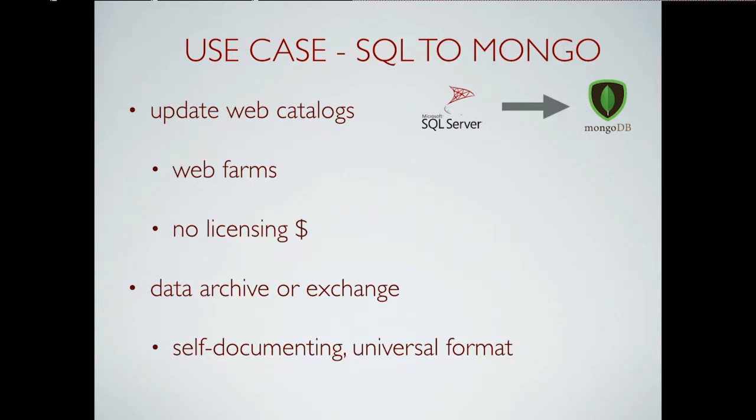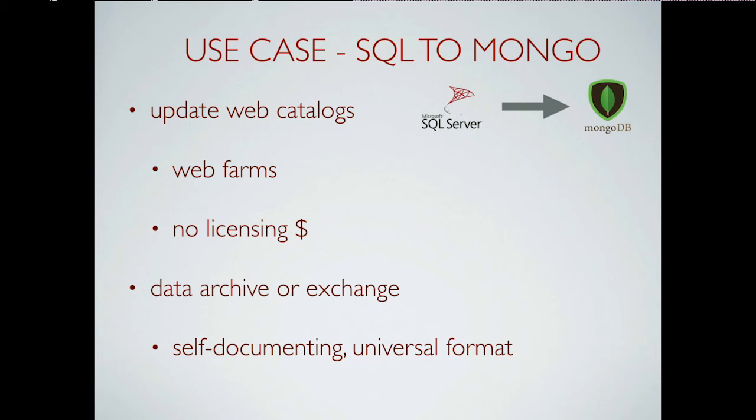One use case, you could update web catalogs with this, right? So if I keep my price list, for example, in my accounting system, but my inventory in Mongo, so I start my junkyard in Tucson, and I realize that I'm dealing in classic cars. Well, classic cars, there's an interest in those all over the world.